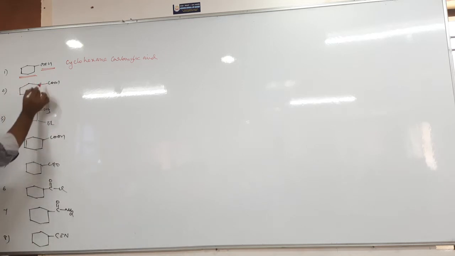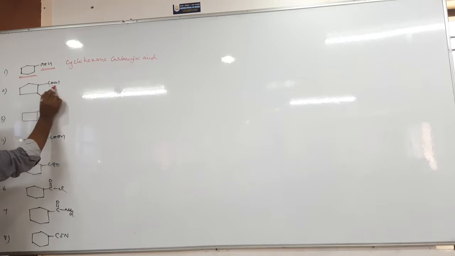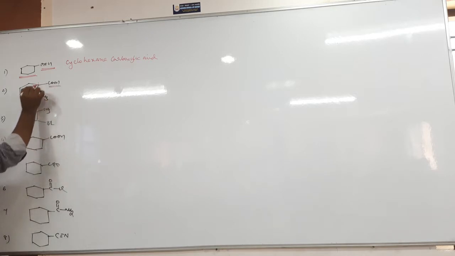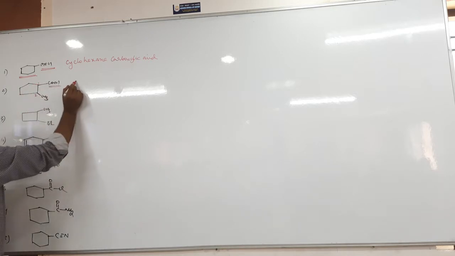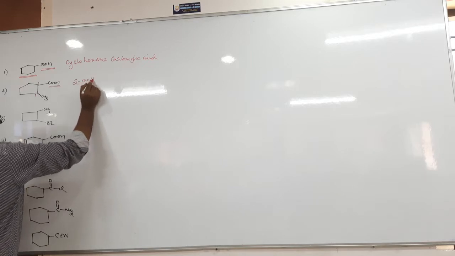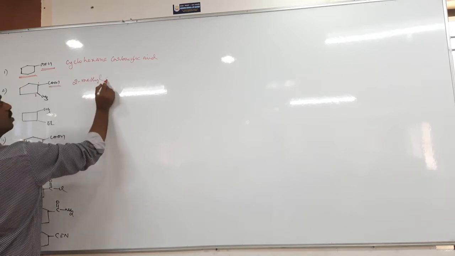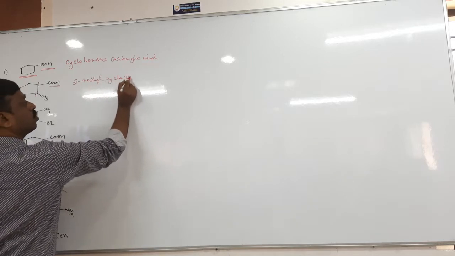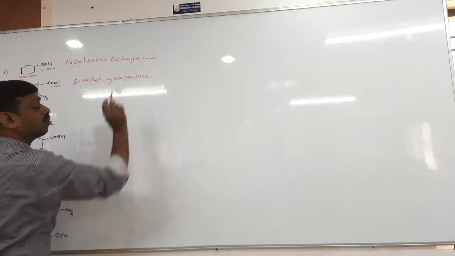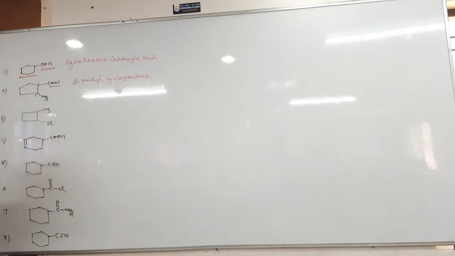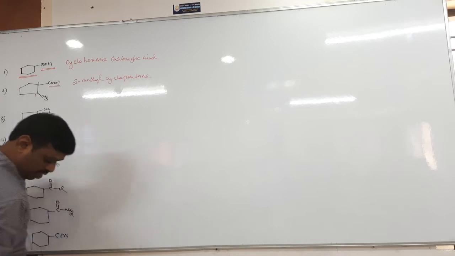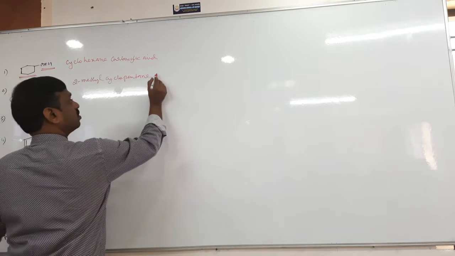Next, it is also the same. It is a cyclopentane, right? Cyclopentane carboxylic acid, but numbering 1, it is 2. Therefore, on the second carbon a methyl group is there: 2-methylcyclopentane, not pentyl, cyclopentane only. 2-methylcyclopentane carboxylic acid.